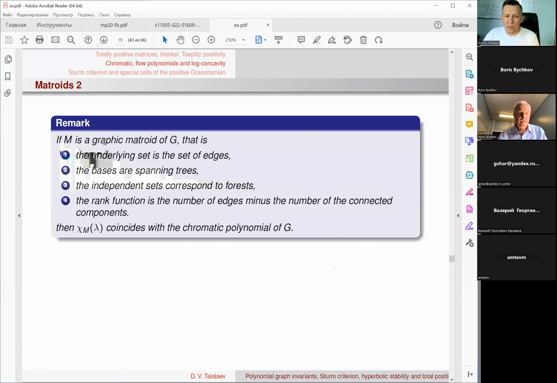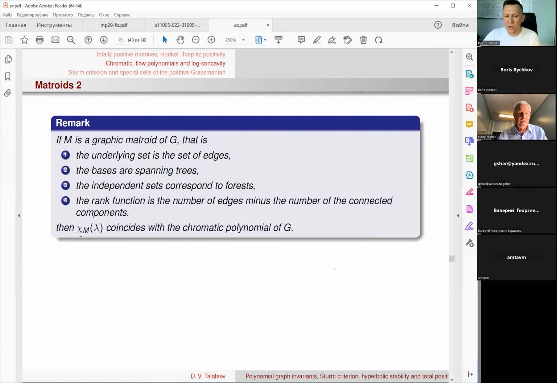For example, if G is a graph, one relates with this graph a graphic matroid M, whose underlying set is the set of edges, the bases are spanning trees, the independent sets correspond to forests, and the rank function is just the number of vertices minus the number of connected components.